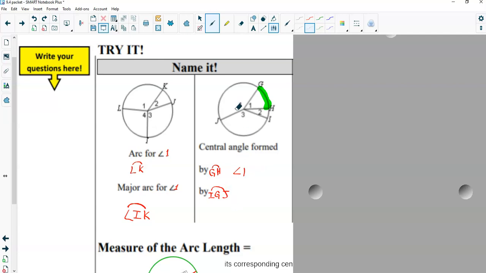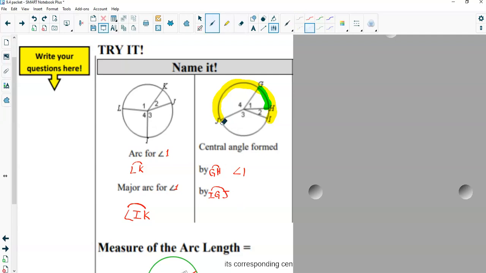Then the major arc, you have IGJ. Let's use another color, IGJ. So it goes from here, goes through G, keeps going all the way to J. And notice the angle that is formed by that major arc, it's angle 3.